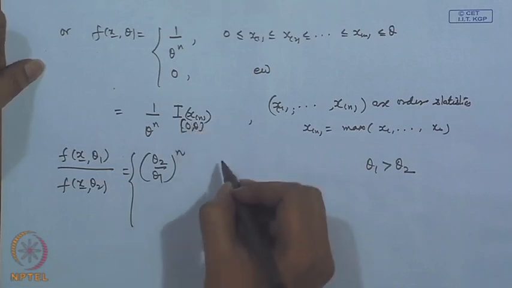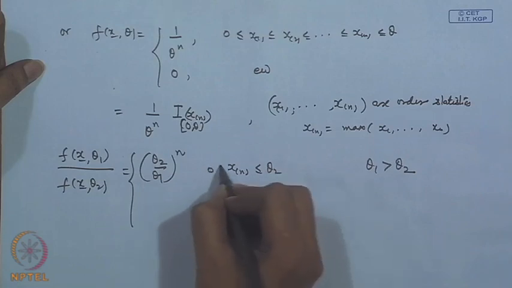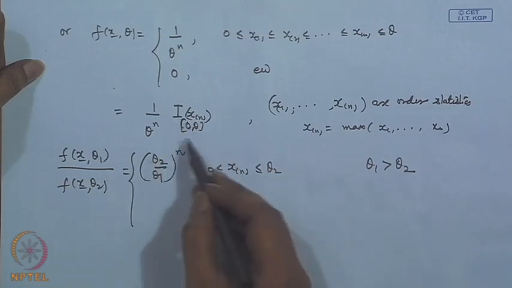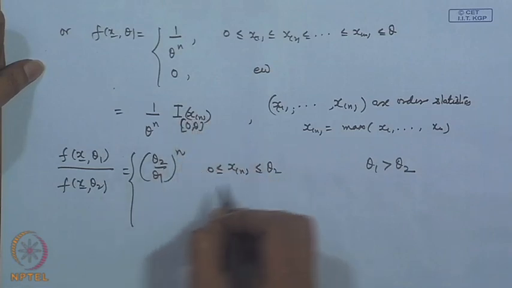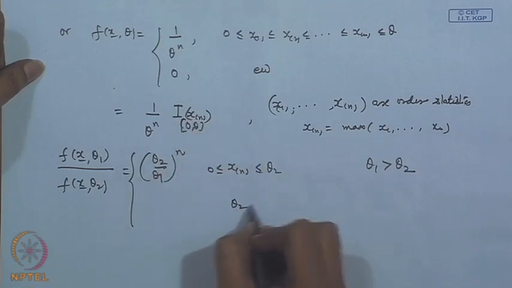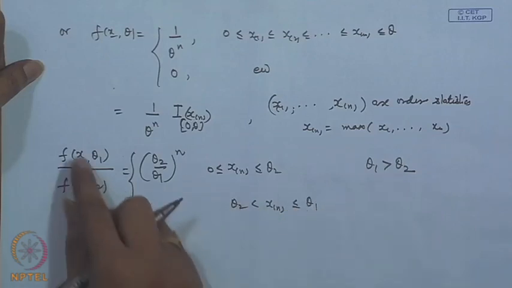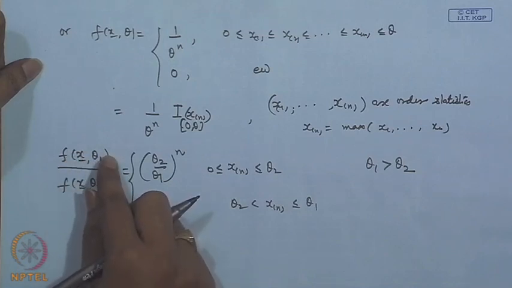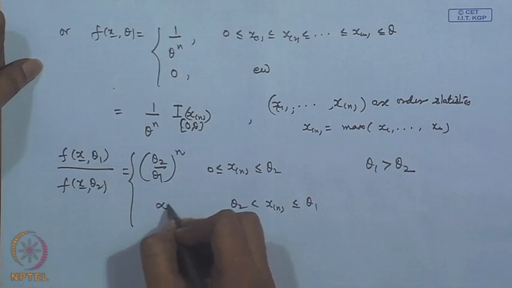So, if I choose x n to be less than or equal to theta 2, then both the densities are valid and we will get this indicator function value as 1. If I take theta 2 less than x n less than or equal to theta 1, in that case f x theta 1 is a positive density, whereas this density becomes 0. So, this becomes infinite.